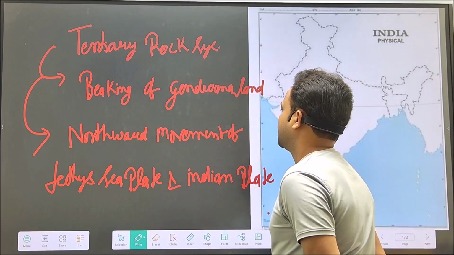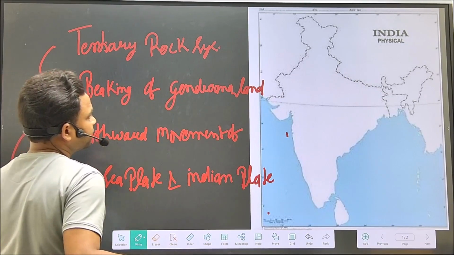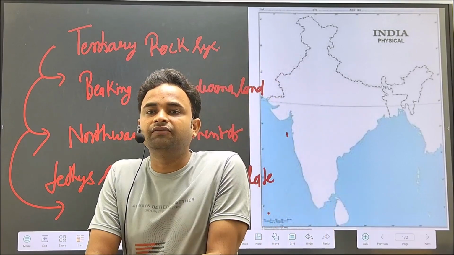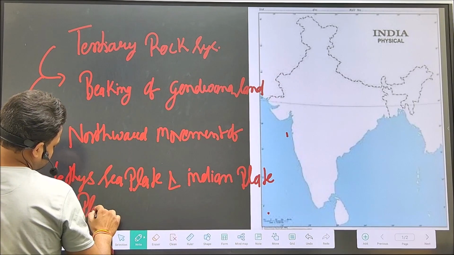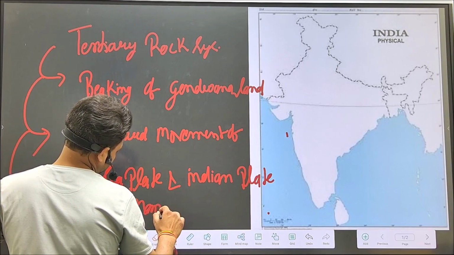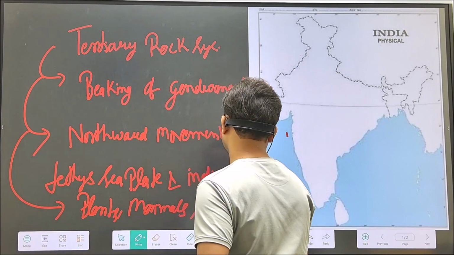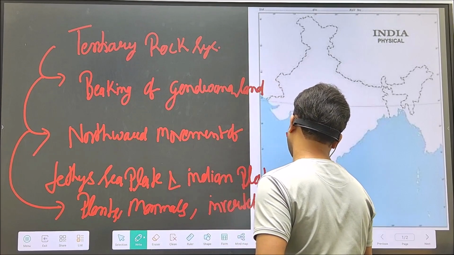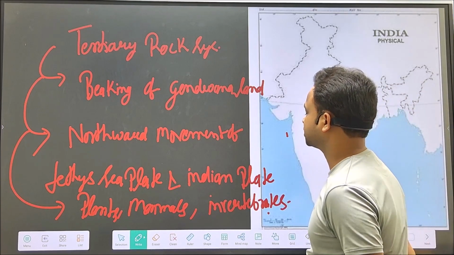The third most important thing in the tertiary period is that varieties of fossils were developed, like plants, mammals and also invertebrates. Those are the fossils you can find in the tertiary rock system.